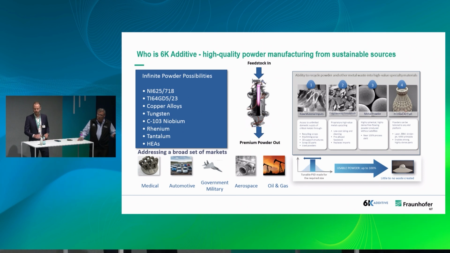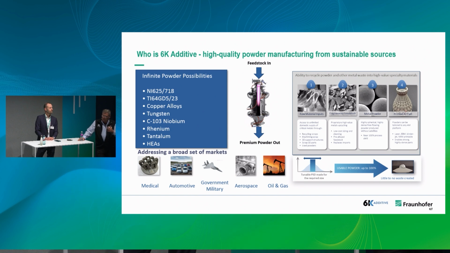For those that don't know, 6K is a powder manufacturer, and we do it in a little bit different way than others. If you just focus on the image on the top right, we start with actually scrap material. Simon pointed out in his chart where a lot of the LCAs and a lot of the energy and CO2 comes from things like mining and the limits that we have on rare earths these days.